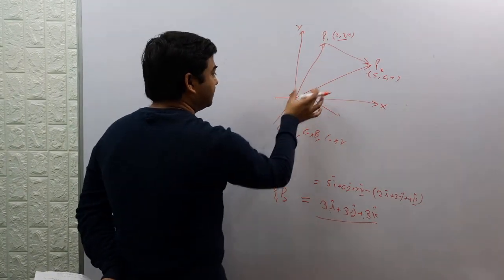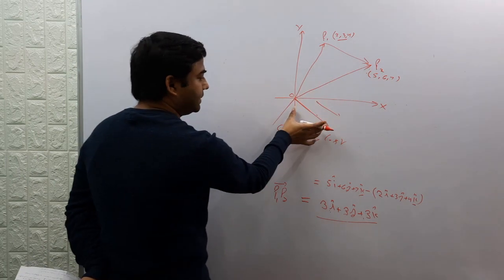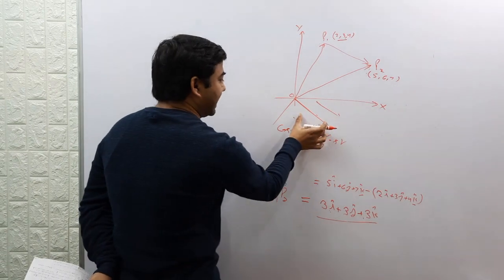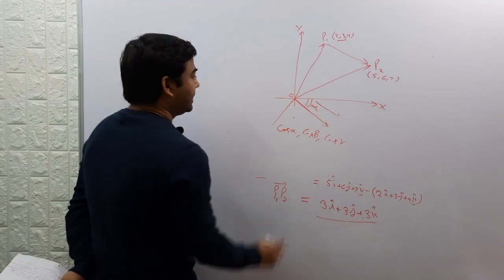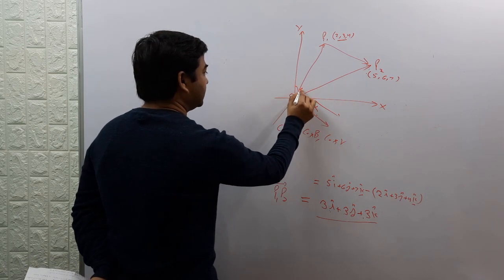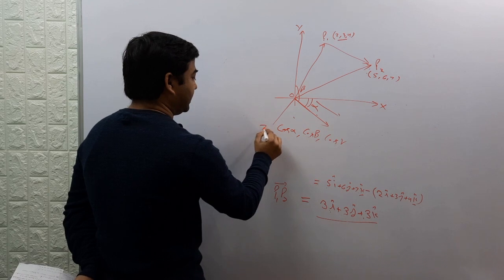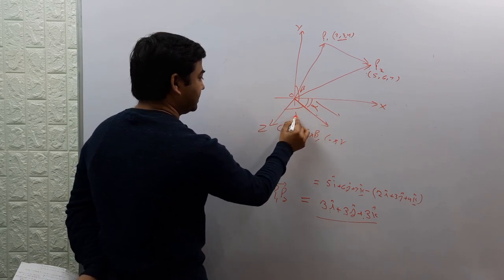Just put this vector here; we have shifted it here. The angle between this vector and the x-axis is alpha, the angle with the y-axis is beta, and the angle with the z-axis is gamma.